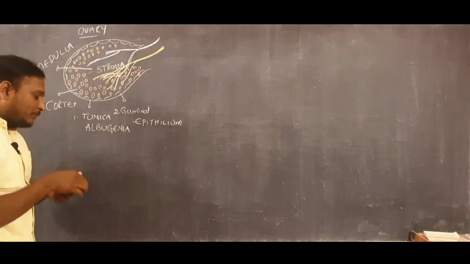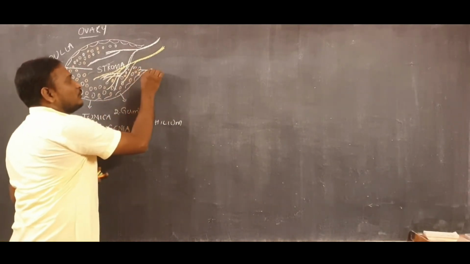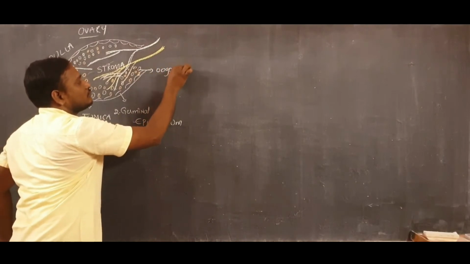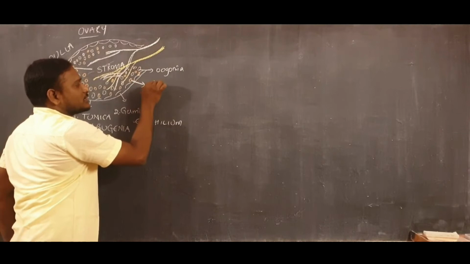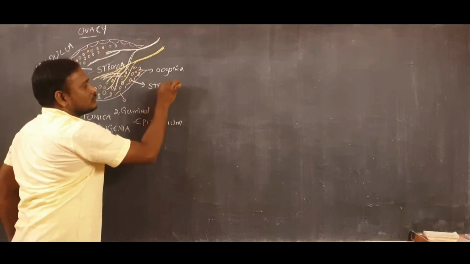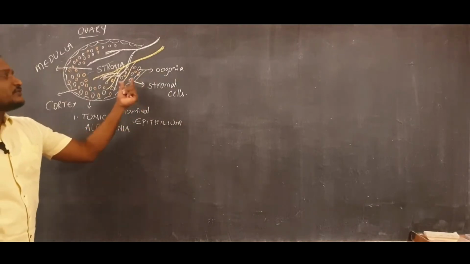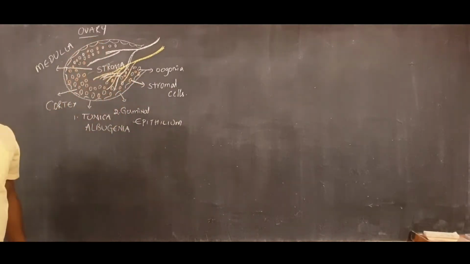So there are two types of cells present within the ovary: oogonia and stromal cells.